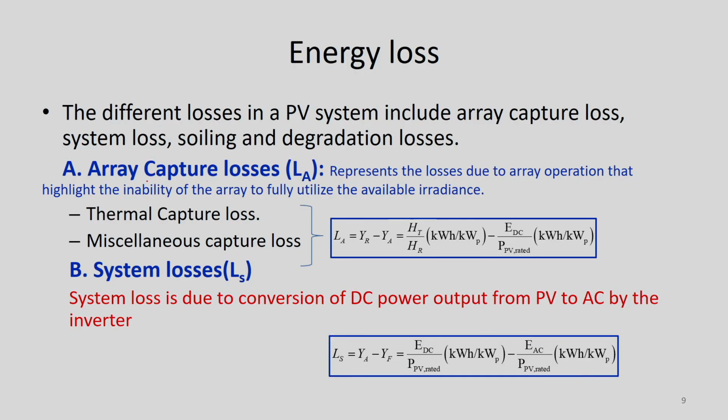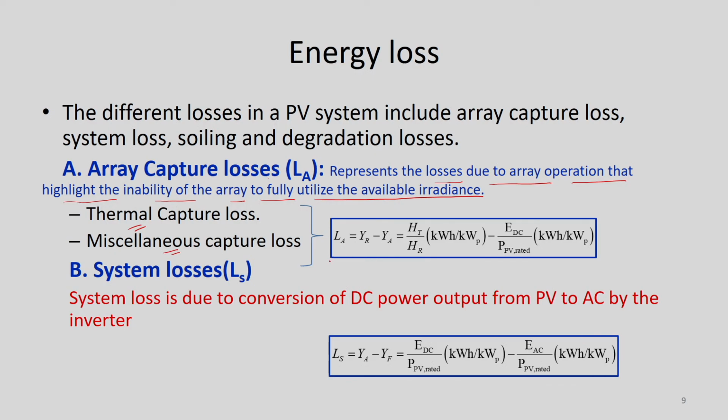One is array capture losses, which represent the losses due to array operation that highlight the inability of the array to fully utilize the available irradiance, which includes two losses, thermal capture losses and miscellaneous capture losses.